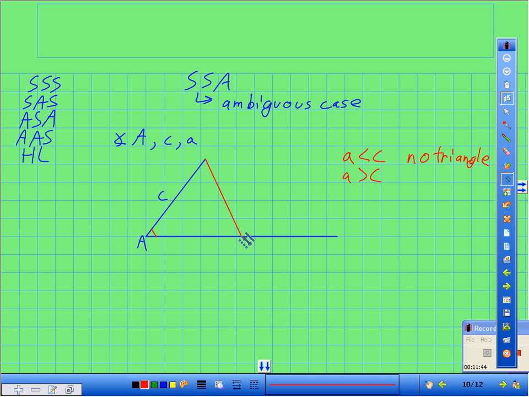Or could I also take this piece and swing it? So, does the law of sines work in all cases? There are certain places where we run into trouble. So, we're going to do some examples of things that will work, and then I want to do some examples that don't.